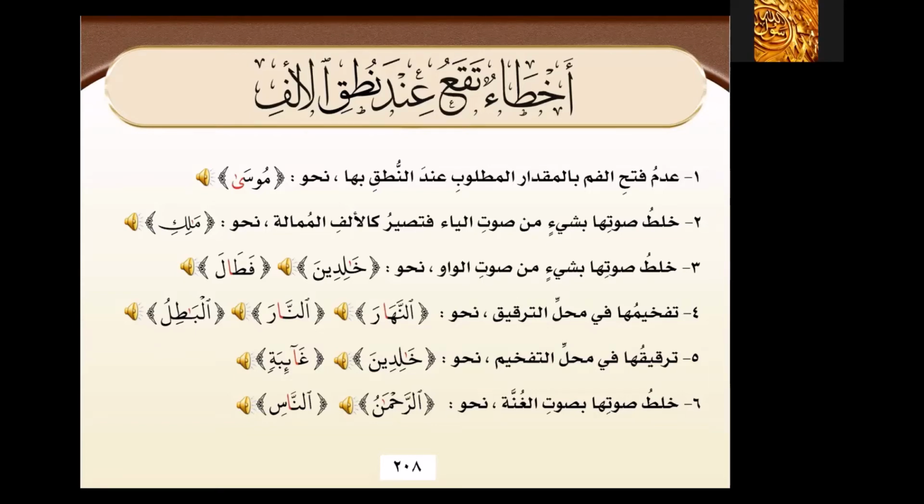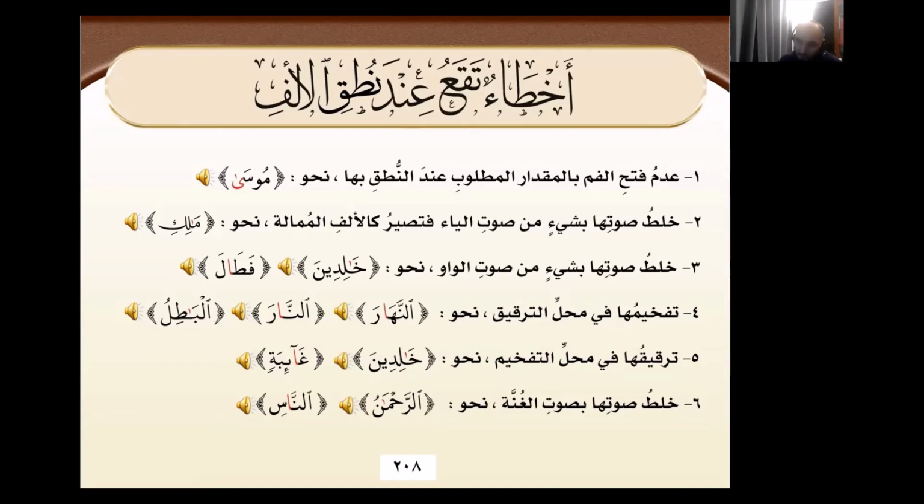Okay. He said تفخيمها في محل ترقيق, meaning making the alif emphatic when it should be light. If you remember, we spoke about this. We said that alif has two qualities. Sometimes it is pronounced emphatically, sometimes it's pronounced light.